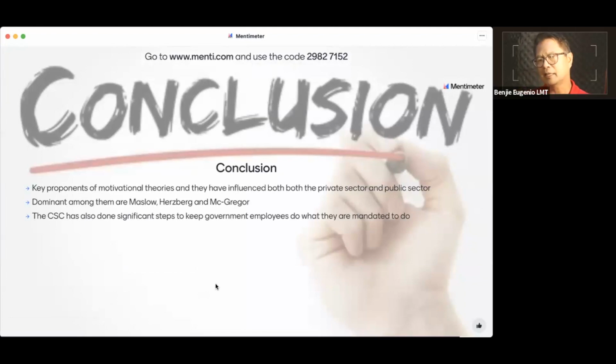At nakita man naton nga manami ang ilang mga concepts kag mga ideas. And in the local setting, makita man naton that even the Philippine government through the Civil Service Commission, may ara man siya mga programs kag mga activities that is designed to keep the employees motivated, at the same time ma-achieve man nila ang ilang mga desire for personal and professional growth.